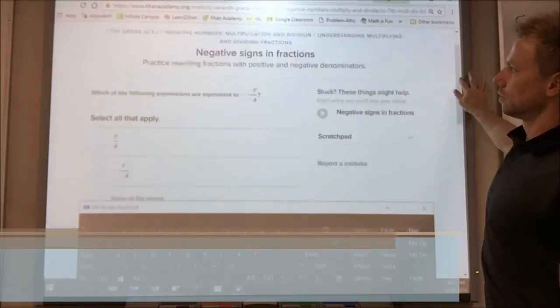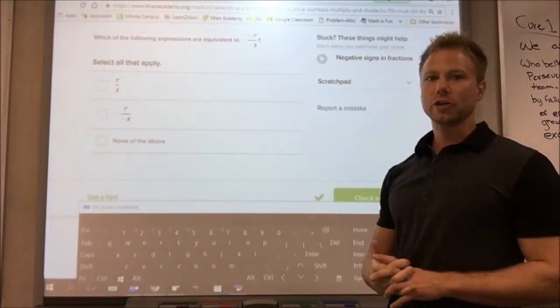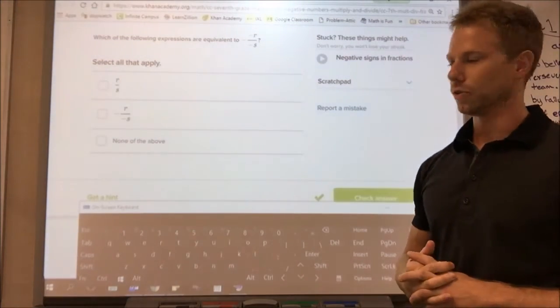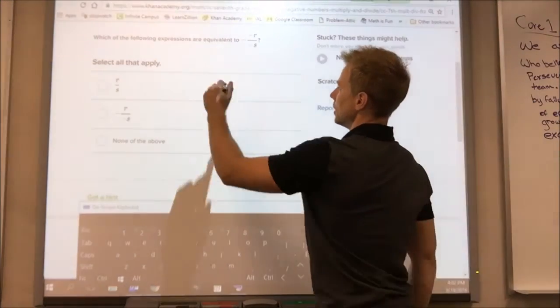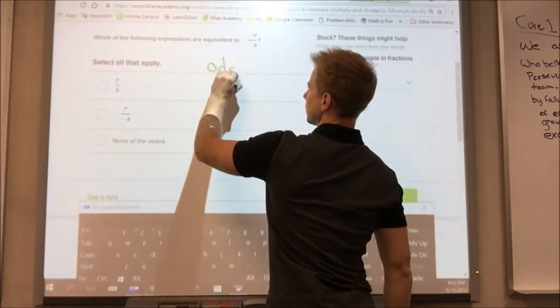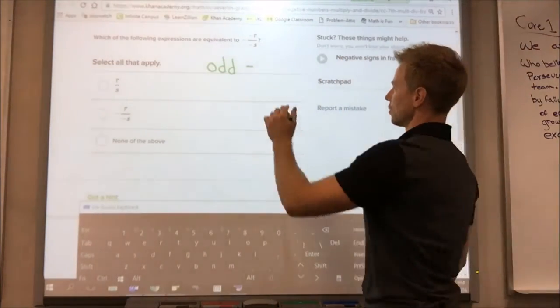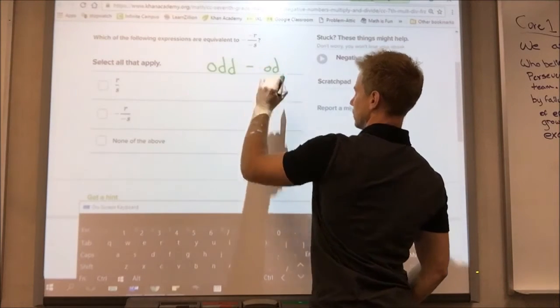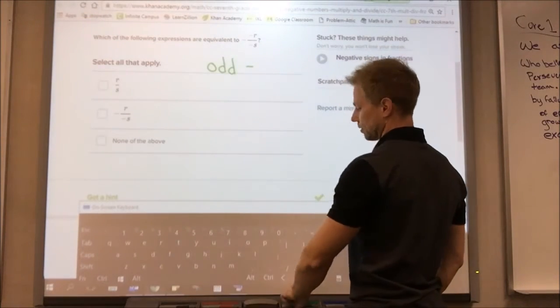Okay, on this one, negative signs and fractions. We're basically figuring out what the sign of our answer is going to be. What it comes down to is if you have an odd number of negative signs, your answer is going to be negative.